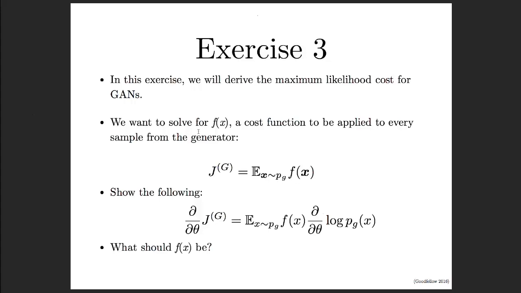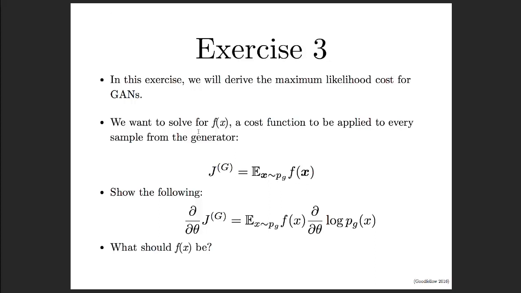In particular, we have a cost function for the generator network, which is an expectation of x sampled from the generator, and then applying f of x. And we want to figure out what f of x should be to make this cost function give us maximum likelihood.